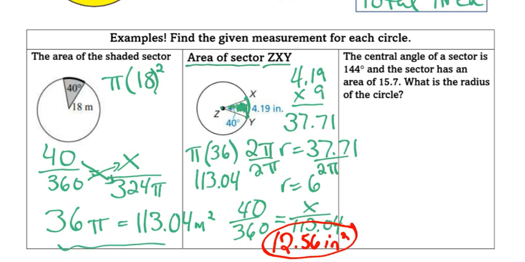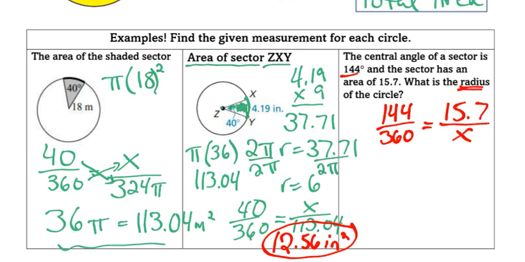And the last one, we're given the central angle of a sector is 144 degrees. And the sector itself has an area of 15.7. So it's 144 out of 360. And that equals 15.7 out of the total area. I guess I should have read what I'm looking for. I'm trying to find the radius of the circle, which really means I'm going to need to find the total area, which is what I'm going to solve for here.